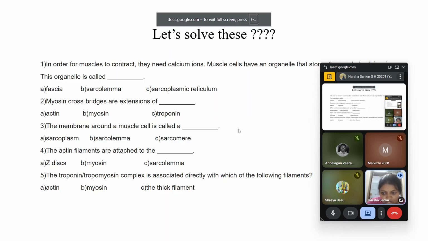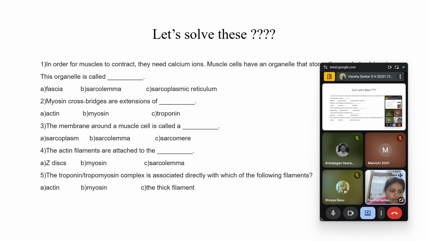Correct answer is myosin only. Myosin cross bridges are extensions of myosin only, because myosin can only form myosin cross bridges. Actin is not able to form the cross bridges. It will bind, but cross bridges are basically formed by myosin only.